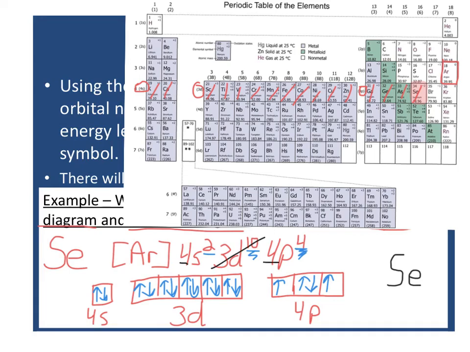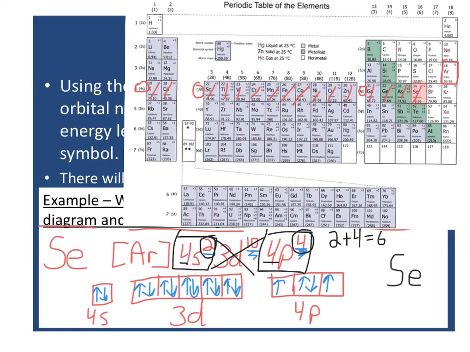So I ignore the 3d elements. And so there's a 4s2, 4p4. I take that 2 and a 4, I add them together. 2 plus 4, where I come from, is 6. So I have to put 6 dots around selenium.